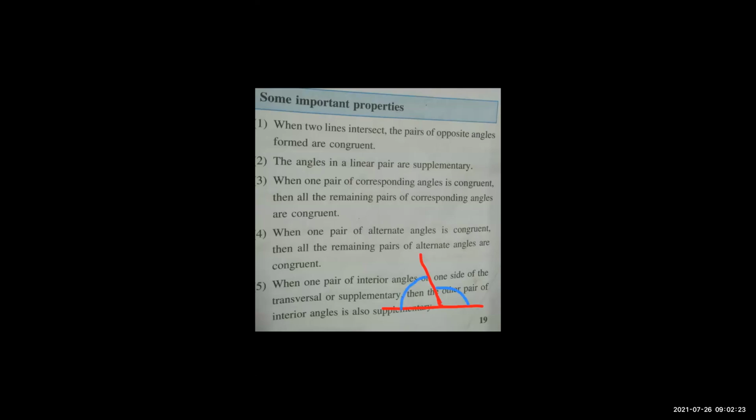And the property regarding it is that they are supplementary, which means they measure 180 degrees together. There may be a first, second and third angle likewise, so those angles are also in a linear pair, and they are supplementary to each other. This is the property for linear pair of angles.